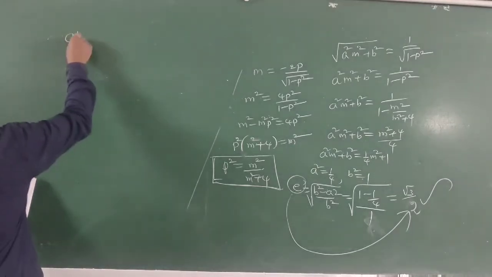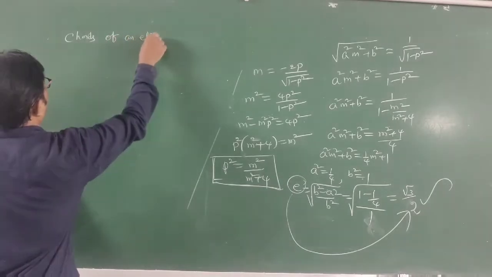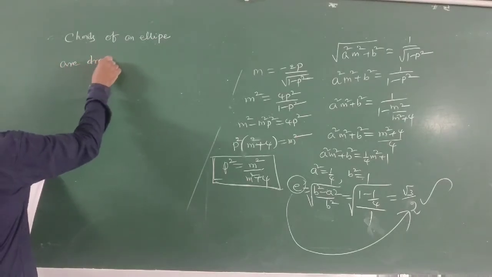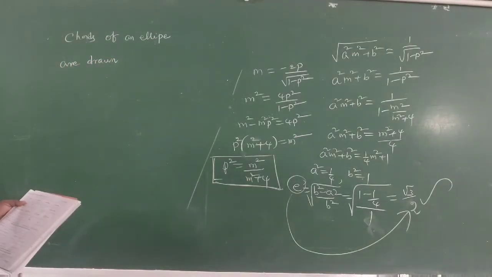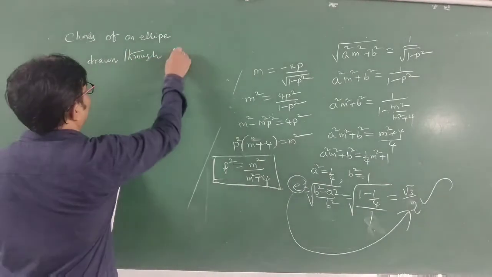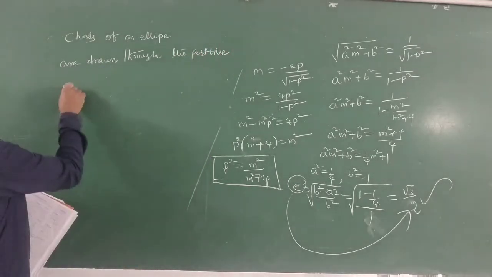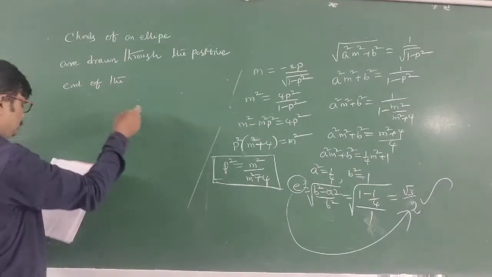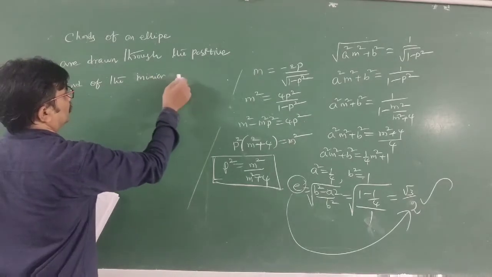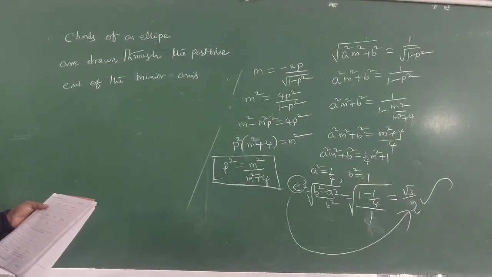The chords of an ellipse are drawn through the positive end of the minor axis.